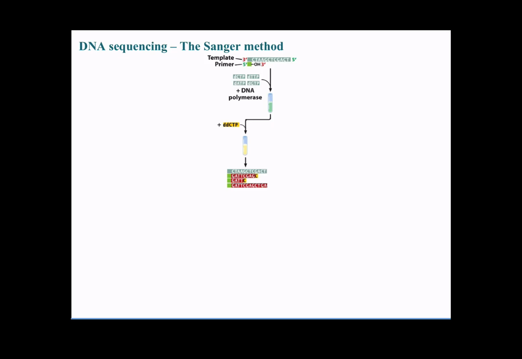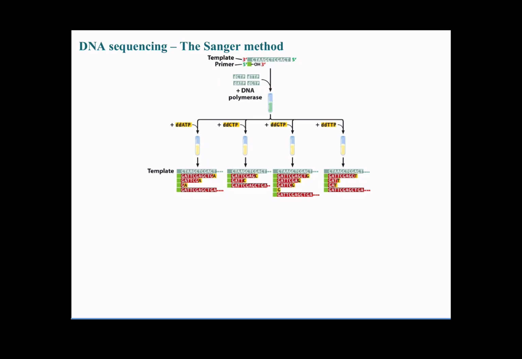So if we added the regular dNTPs for A, G, and T, and a mixture of regular and dideoxy for C, we're going to get a mixture of fragments, some of which are going to be truncated at Cs. If in 4 different tubes, or in 3 additional tubes, if you will, we change which letter is the one that we have a mixture of regular dNTP to dideoxy.